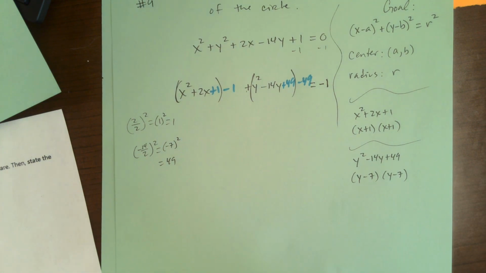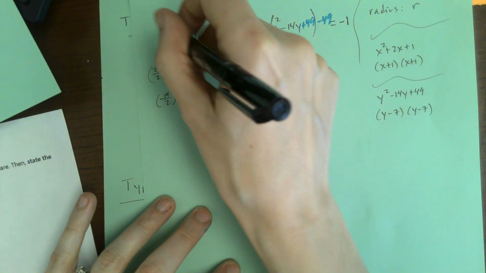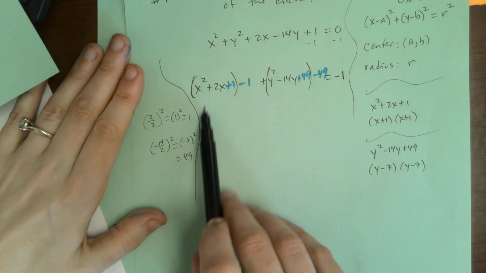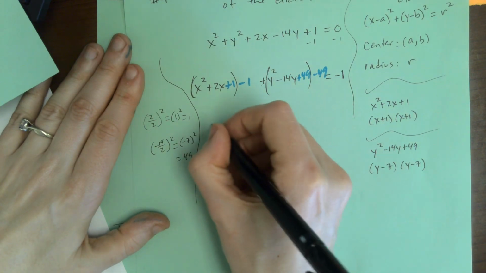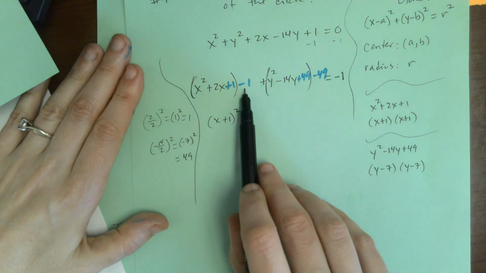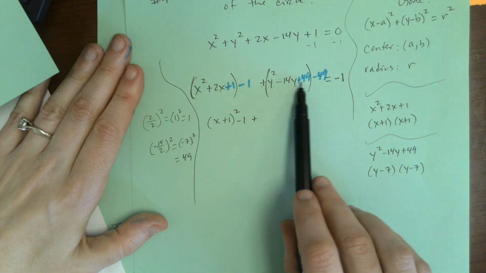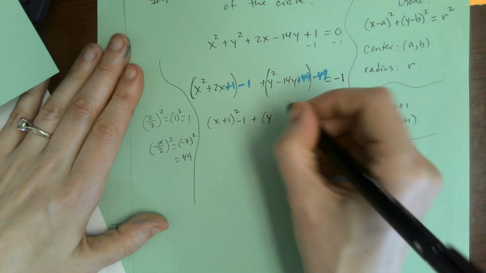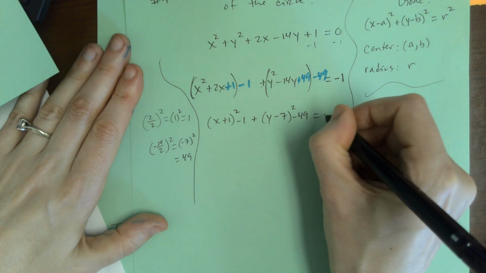Okay, now back into the problem. That was off to the side. This trinomial here gets replaced by x plus 1 squared, and then that minus 1 comes down, plus this trinomial, which I factored over here, y minus 7 squared, and then the minus 49.